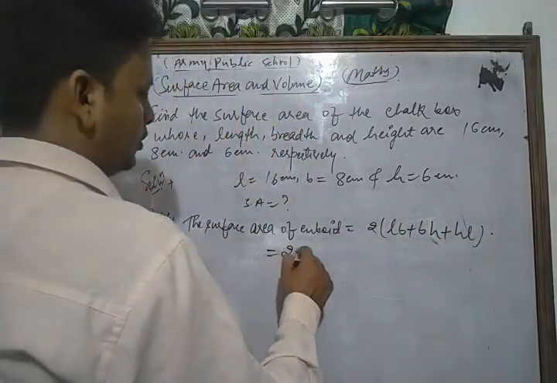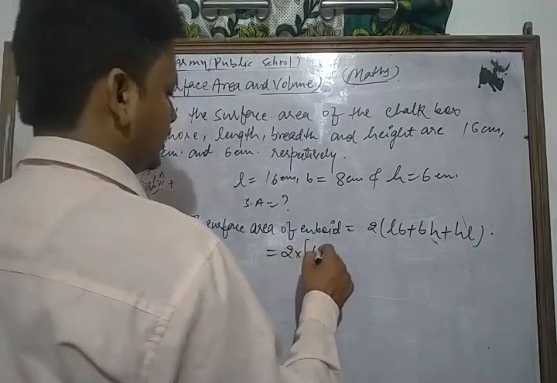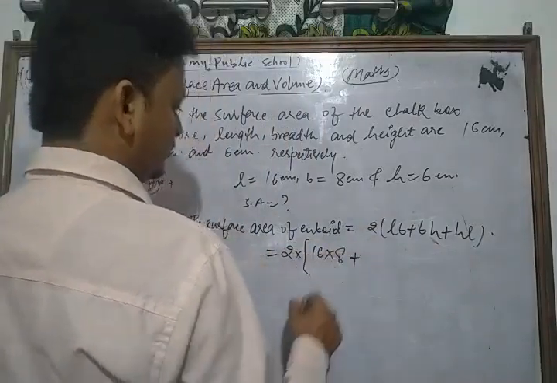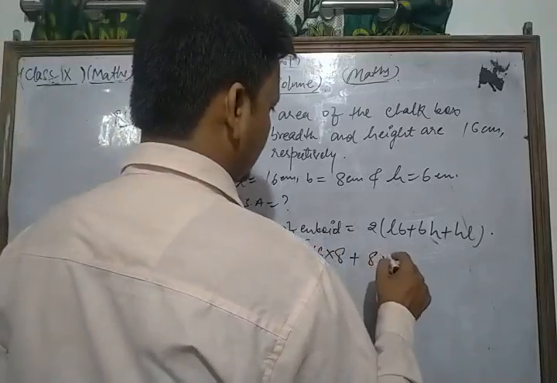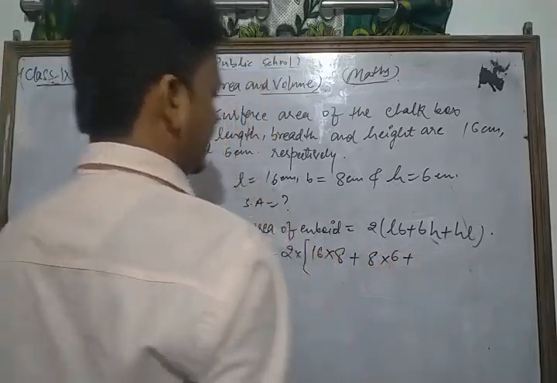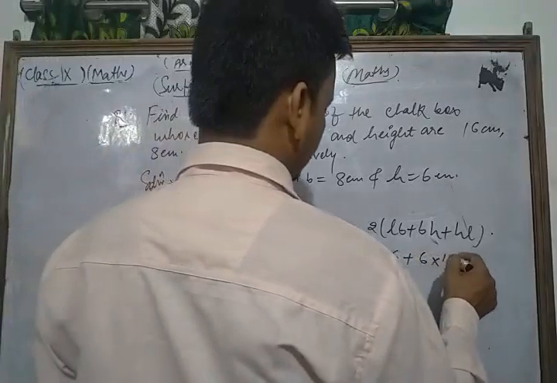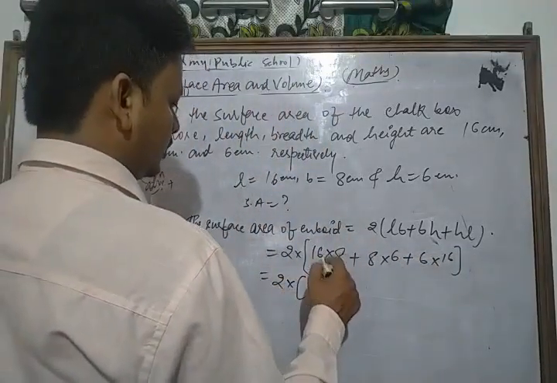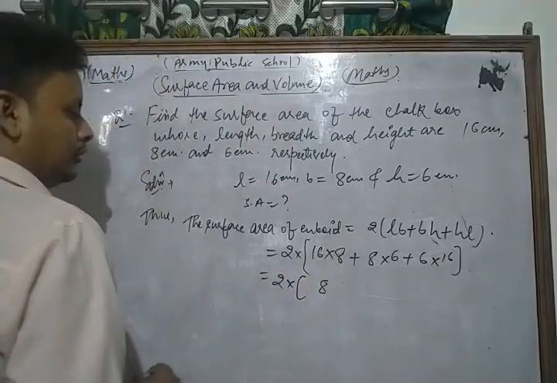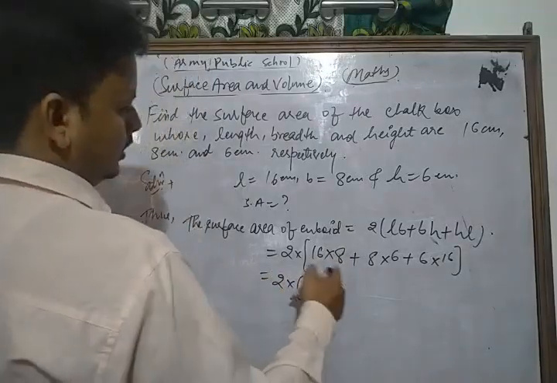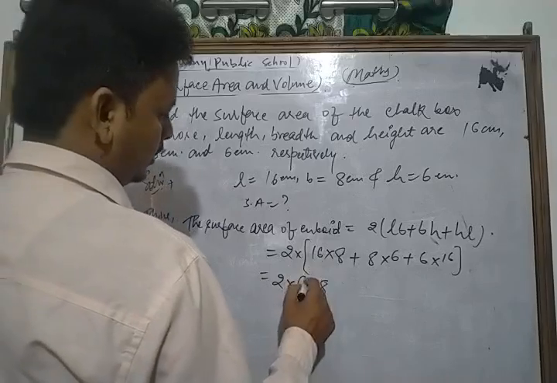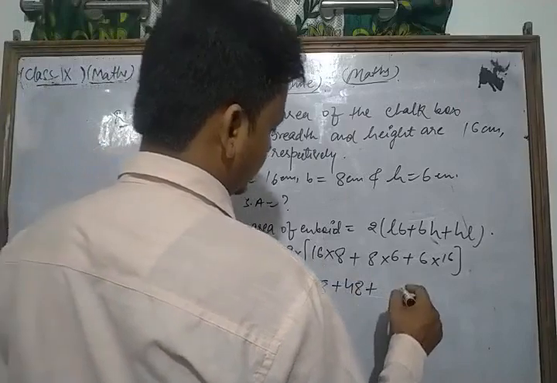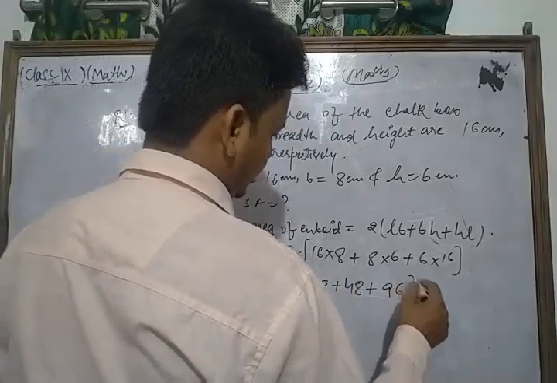Now L into B means 16 into 8, plus B into H, 8 into 6, plus H into L, 6 into 16. Now we simplify them. This is 2 into 128, plus 48, plus 96.